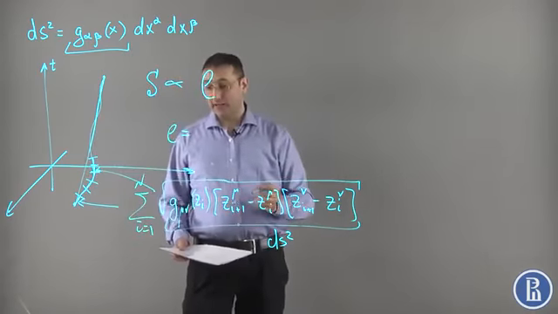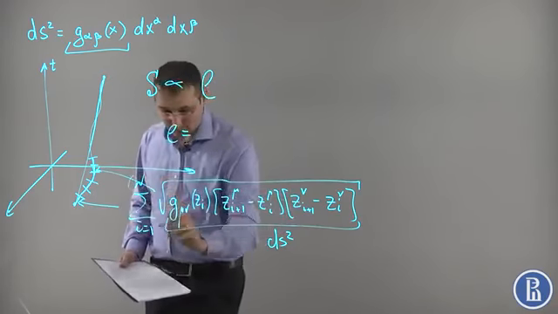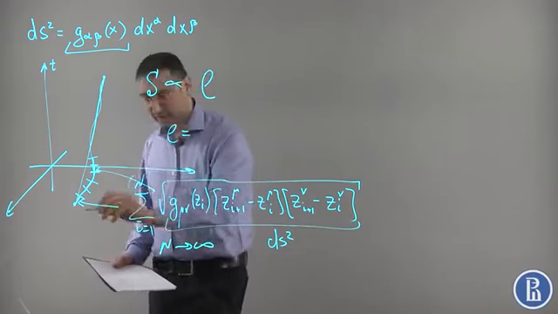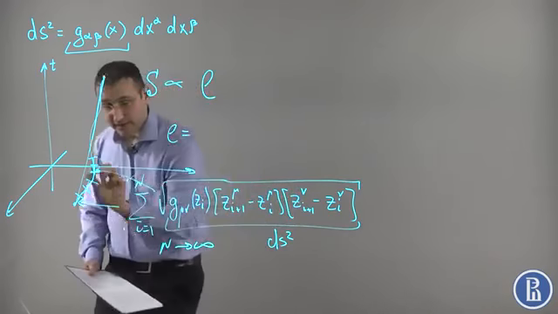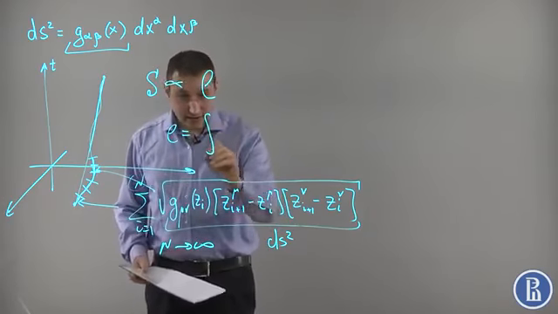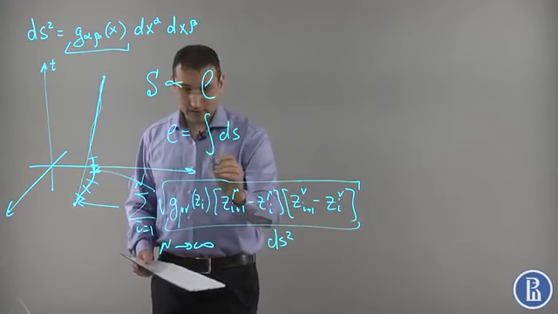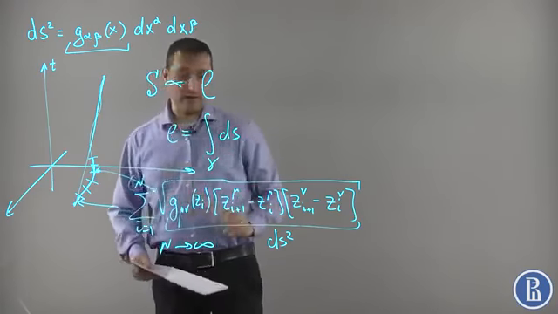Now, if we want to obtain the smooth world line, we have to take n to infinity, the number of segments to infinity, and the size of each segment to 0. As a result, we obtain that the length is just the integral of ds over the world line of the particle.